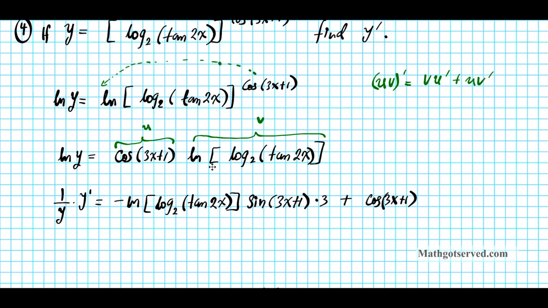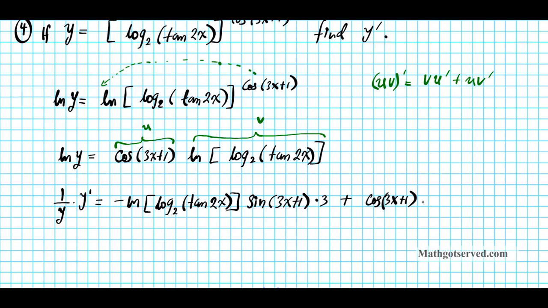Now if we differentiate this, the natural logarithm of that, if you're looking for v prime, the derivative of v is going to be 1 over u, times the derivative of that.